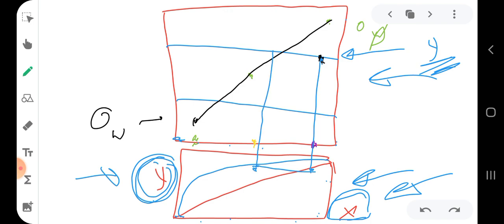liquid or vapor. Of course for the liquid, because now we know x, and this line represents h versus x. Okay, so we are going to go up to the liquid curve.